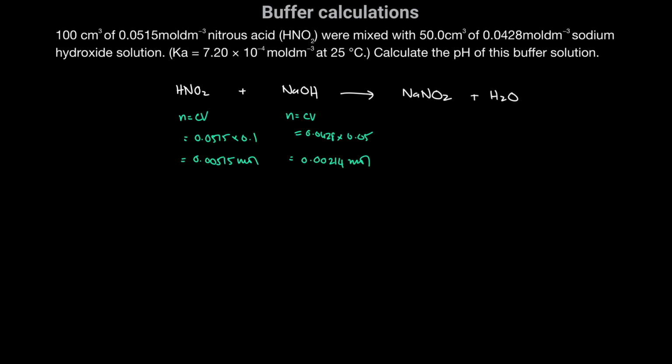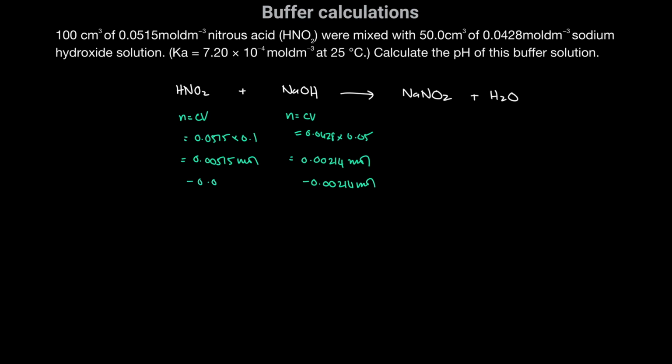So over here we can clearly see that sodium hydroxide is limiting. The acid is in excess. So after the reaction is complete, all the sodium hydroxide reacts. And obviously for every 1 mole of this, we need 1 mole of acid to react.